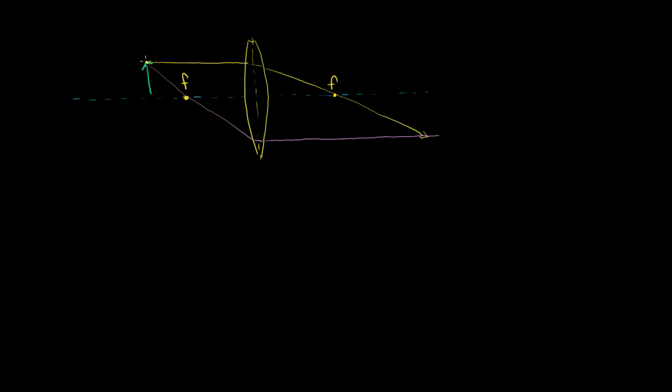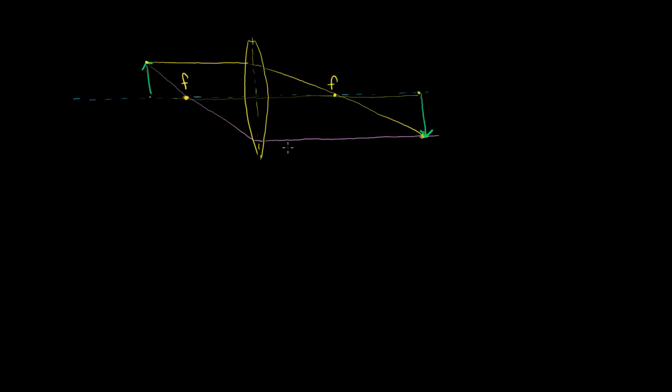So whatever light is coming out radially outward on this side and going through the lens will converge at this point right over here on the other side of the lens. And even light that goes straight through the lens would end up right over there. It actually won't be refracted at all. It'll just go straight through the lens. And so the image that gets formed on the other side of the lens will look like that.